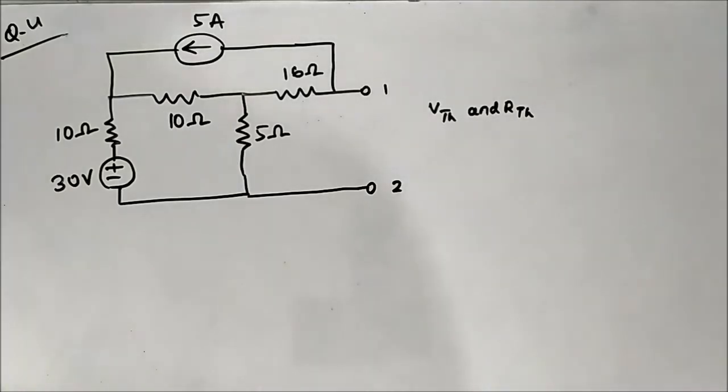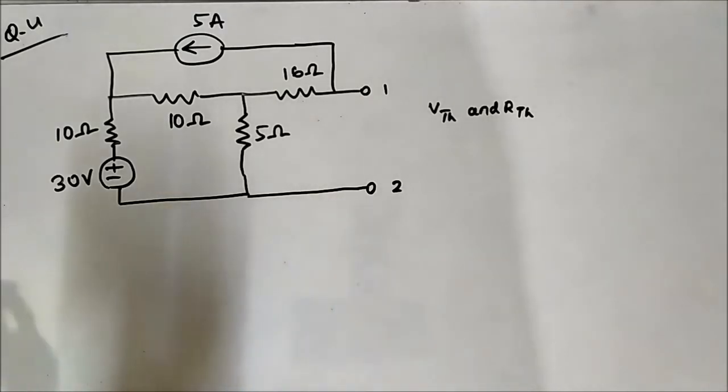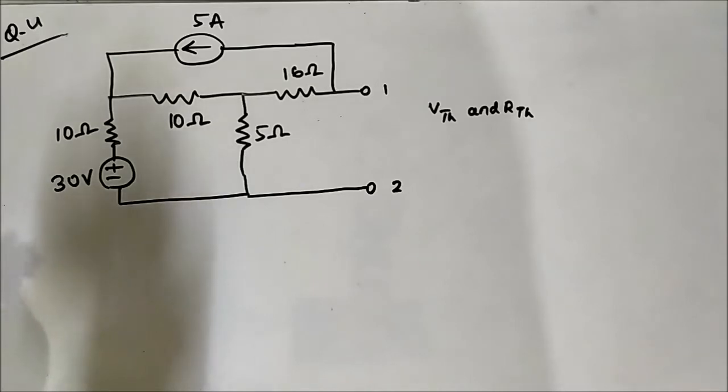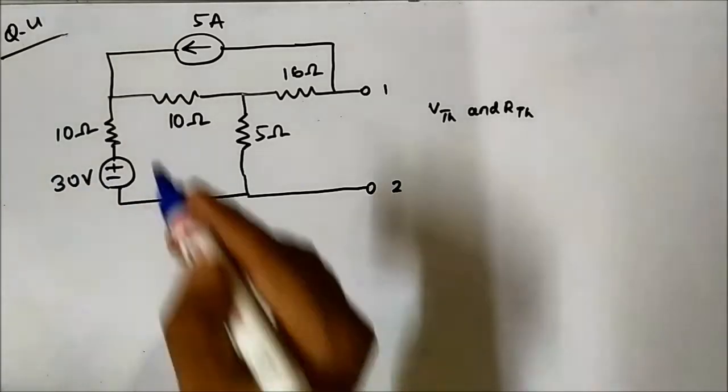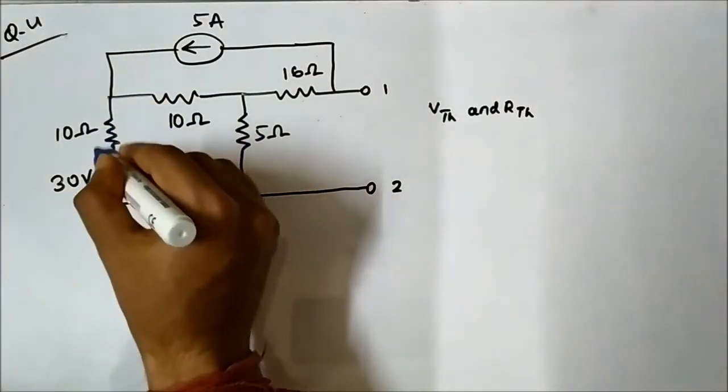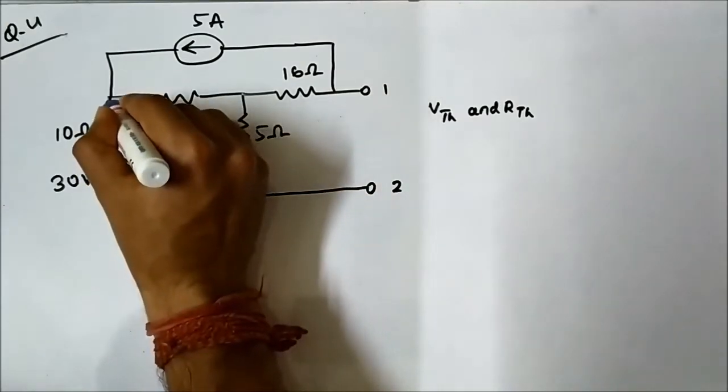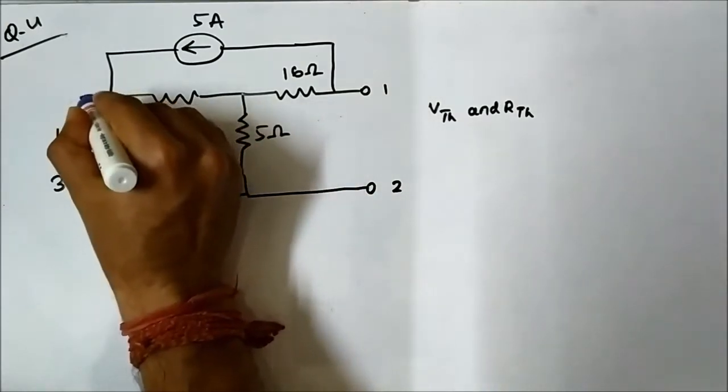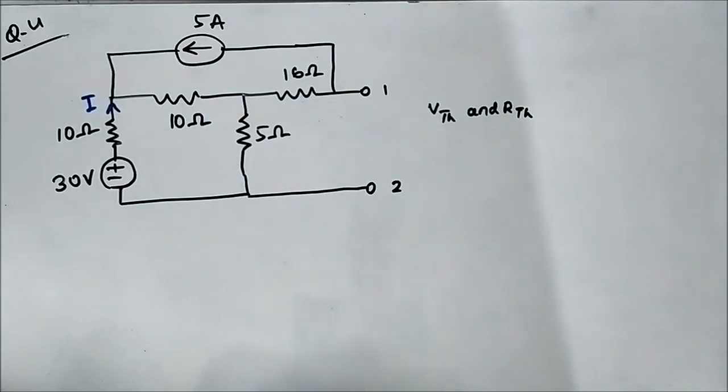In order to find VTH, it is good to apply mesh analysis. So first let us assign the respective branch currents and polarities. Let us say a current I flows from the 30 volt source.